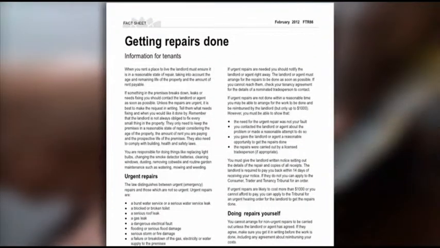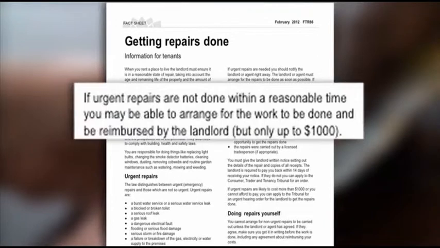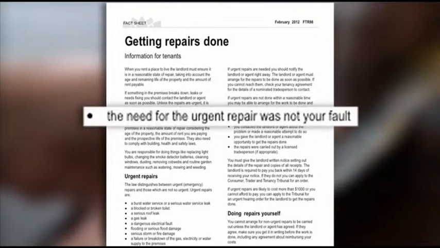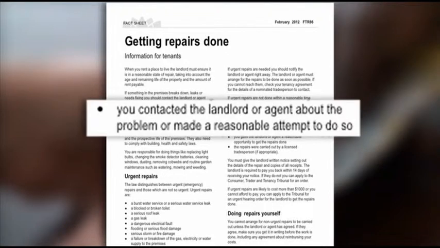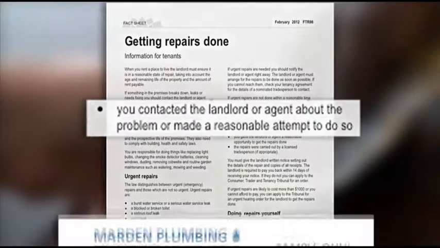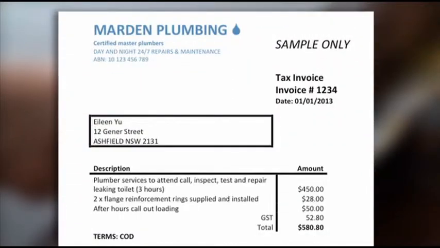You can get your money back from the landlord within 14 days, if the job is less than $1,000, you did not cause the damage, you gave the landlord or agent a reasonable opportunity to fix the problem, and you have a receipt and written report of the problem from a qualified tradesperson.